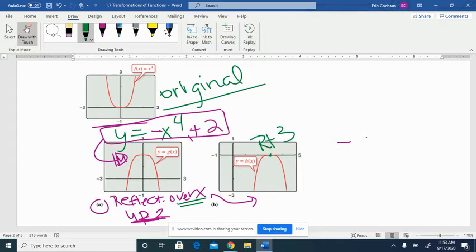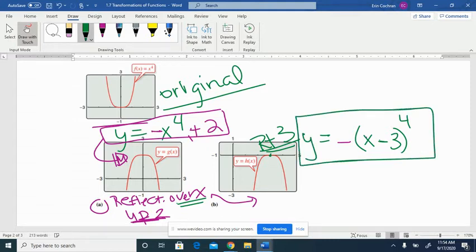Since we're shifting left or right, it goes inside our parentheses, so we're going to raise to the 4th power. And since we're going right, normally that's +3, but since it's inside the parentheses, it's always opposite. So it's x minus 3. And this is y, or h of x. So this would be negative times the quantity x minus 3 to the 4th power.